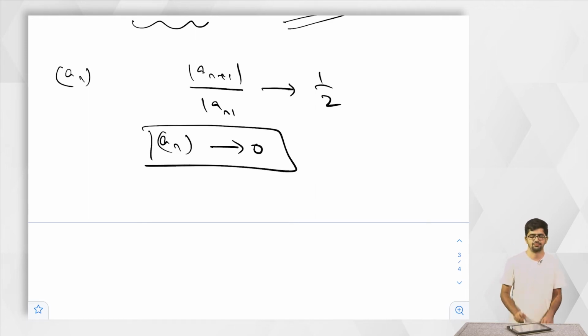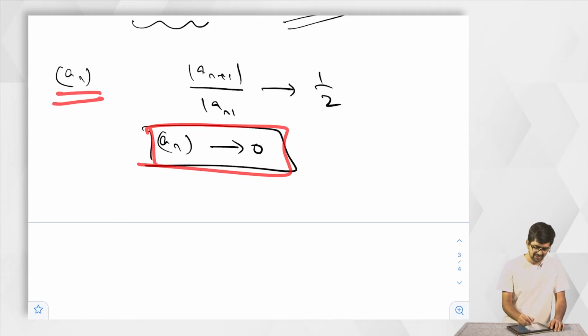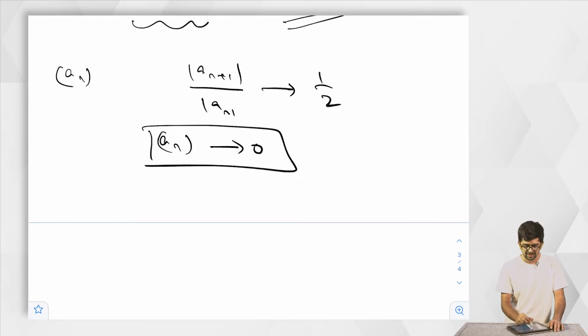I am assuming you have seen this question in the mid semester at least, and I also mentioned the solutions. This much is clear at least. So for a given sequence, if mod a_(n+1) by mod a_n is going to half, then a_n goes to 0. At that time we did not know about series, now we know about series.